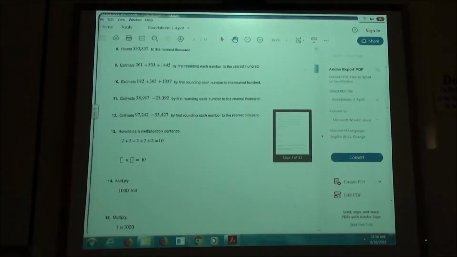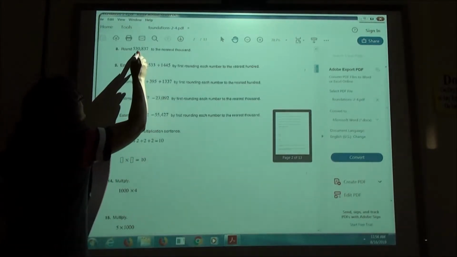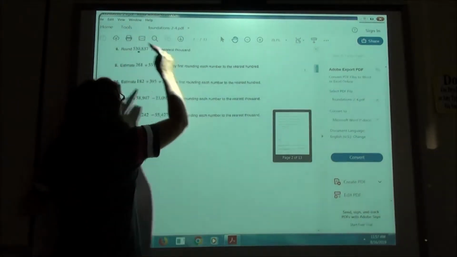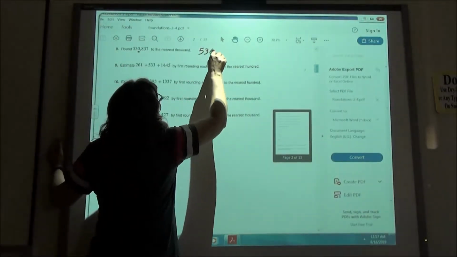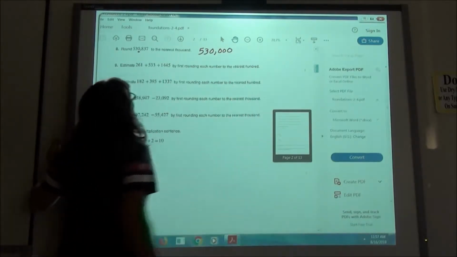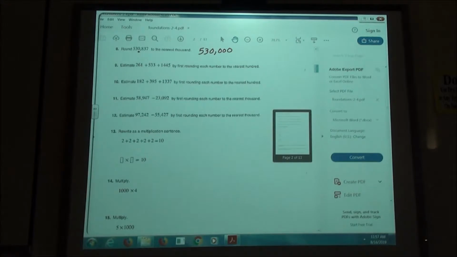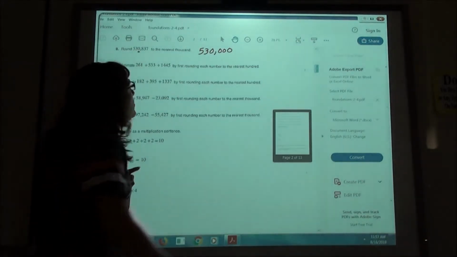So again, I want to look to find what number's in the 1,000 spot. In this case, the 0 is in the 1,000 spot. So leave the front numbers alone, 5,030, change the rest to zeros. So do I leave it at 5,030 or do I round it up by 1 more in the 1,000 spot?